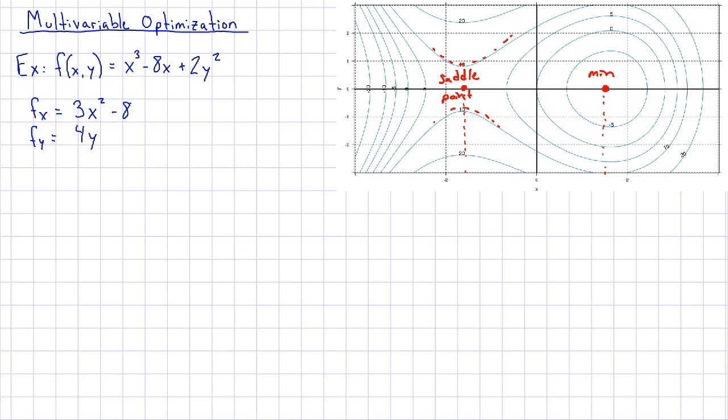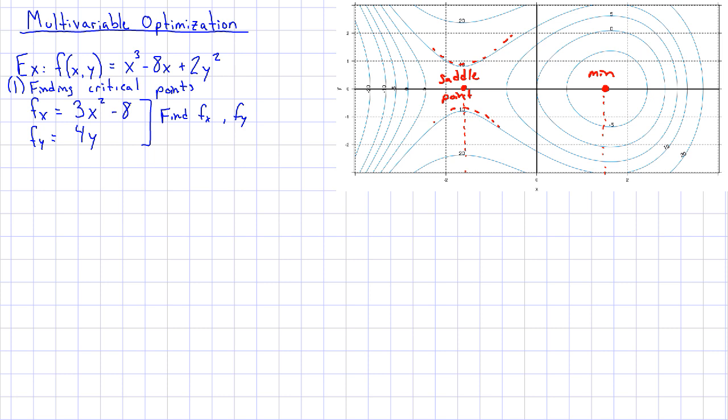So similar to when we do single variable, multivariable, we need to set each component equal to 0. So I should have said this. We're finding the critical points. And the first step is to find f of x and f of y, so that first derivative.